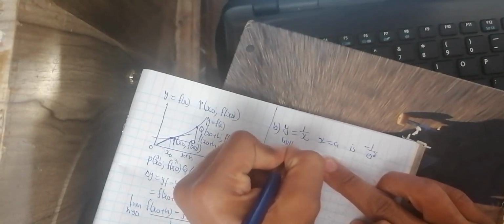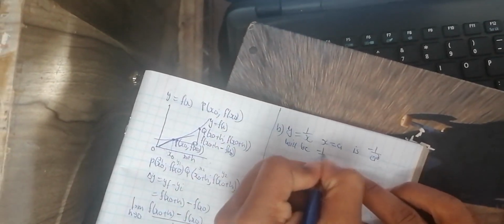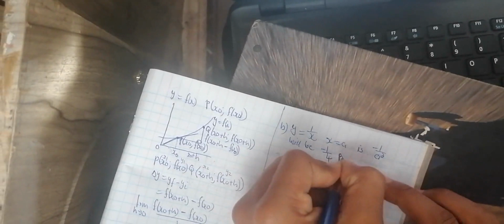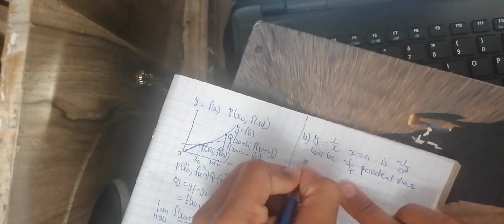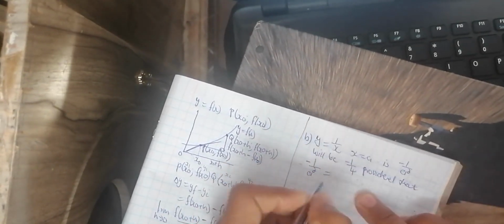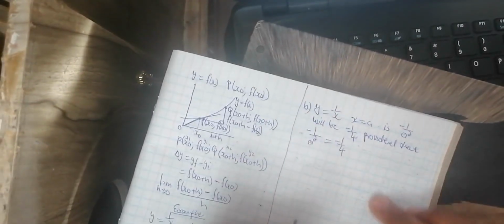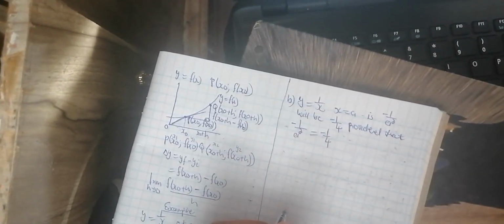This is very important. And this will be minus 1 1/4, provided that minus 1 over a squared is equals to minus 1 1/4.